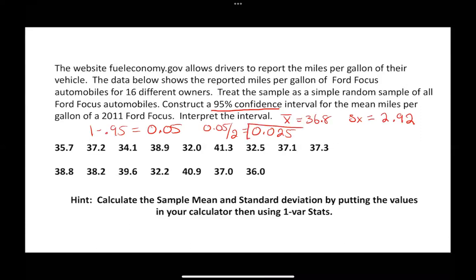This right here is the value we're going to look at the top of the T-table. And we have 16 data values. So we're going to use 15 degrees of freedom. So 16 data values is 15 degrees of freedom.